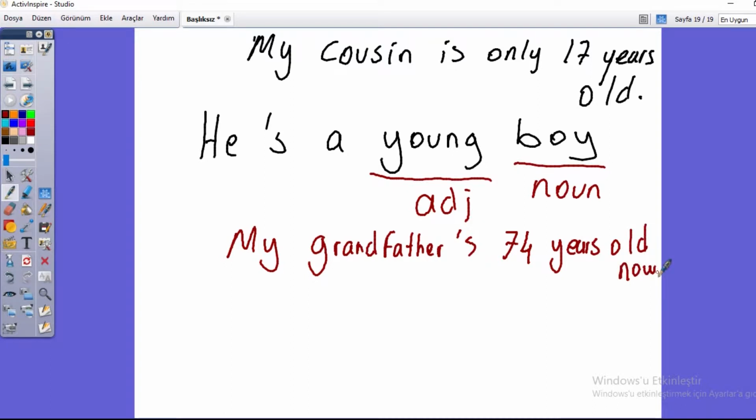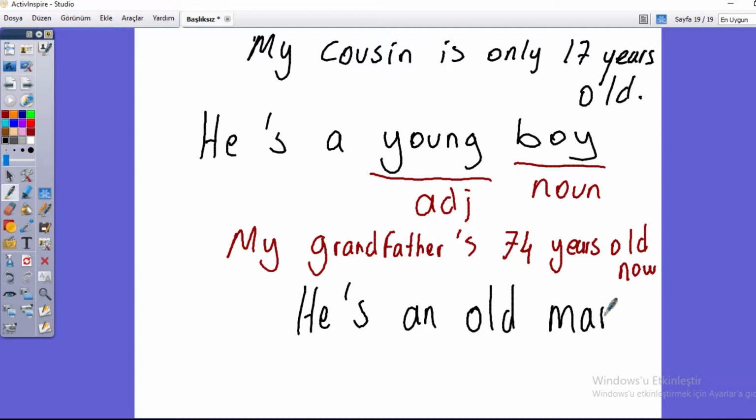So, he is an old man. Man is the noun and old is the adjective.